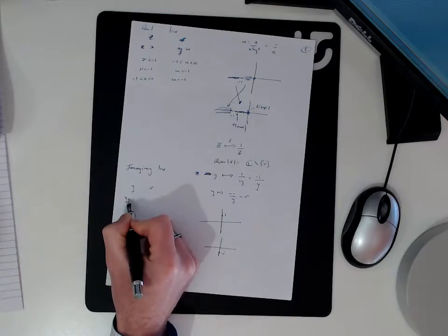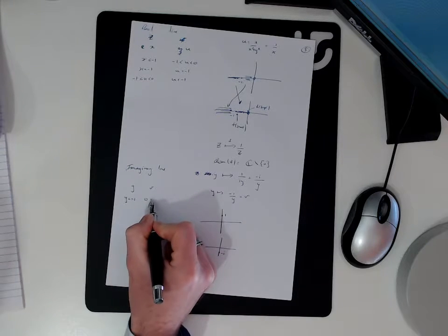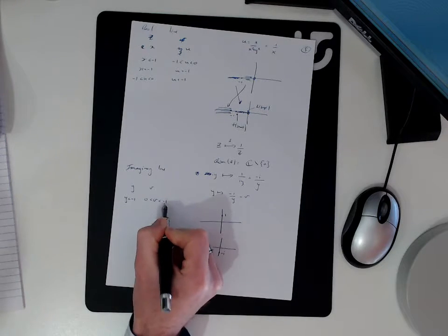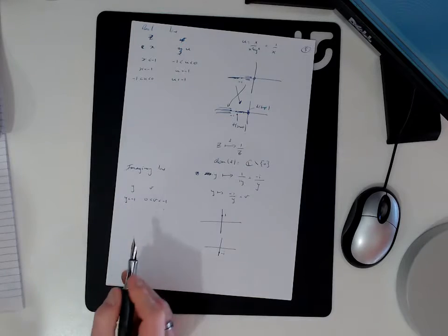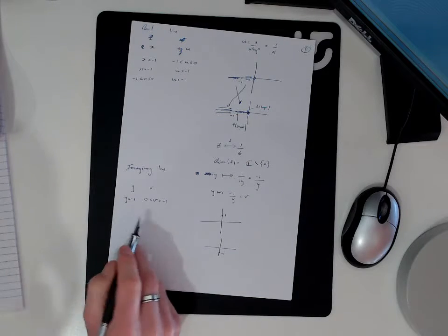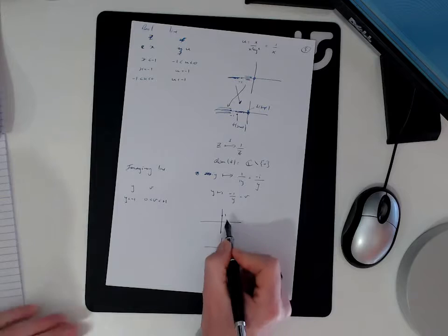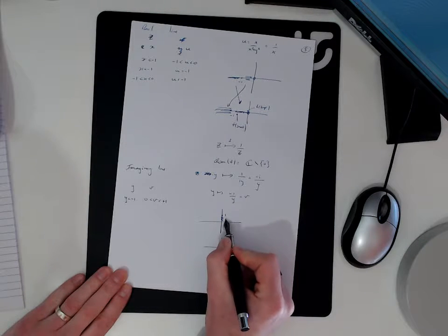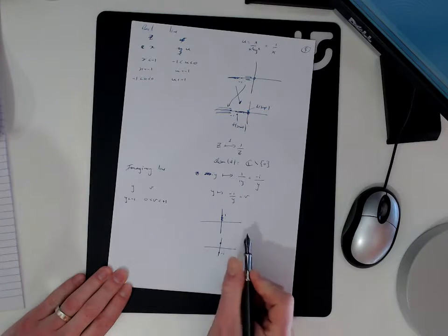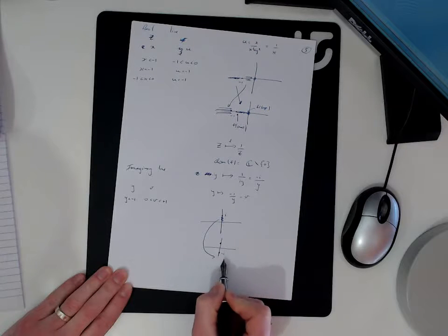So if we have y less than minus 1, then the same thing occurs as for the real line case, but because of the minus sign, we get a little bit of flip. So this bit here gets mapped to this bit here.